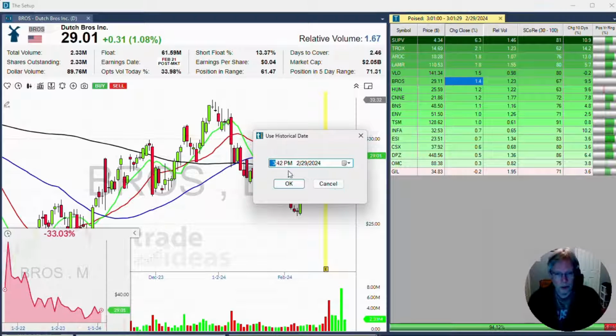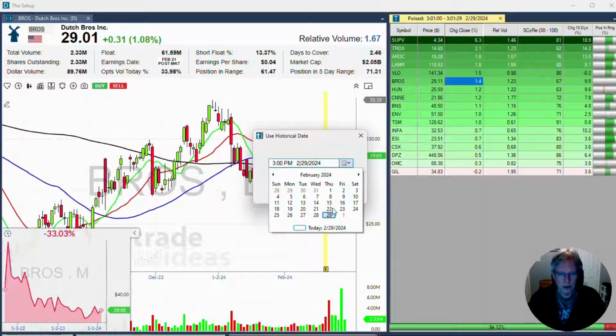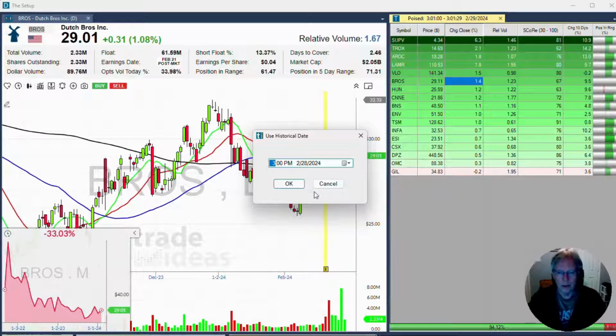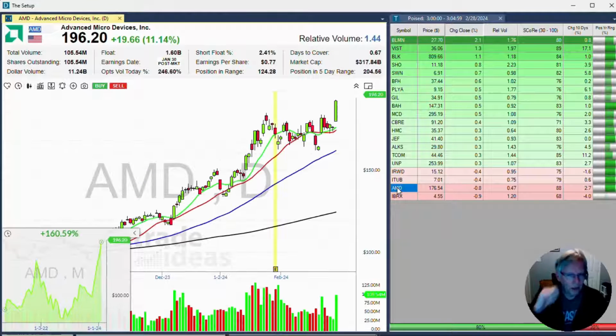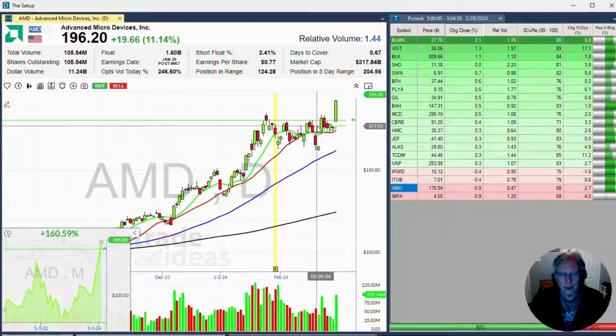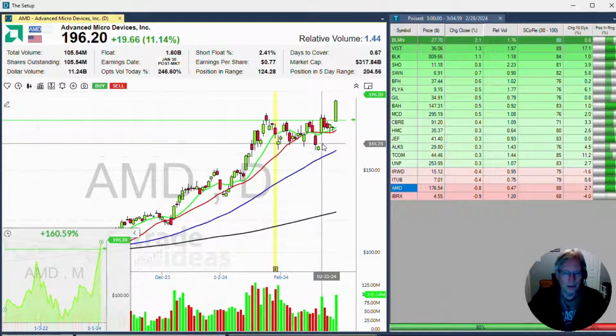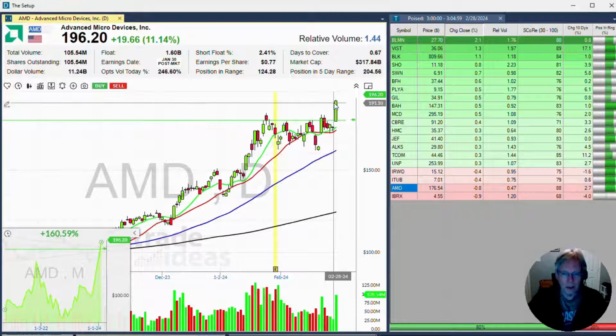I'm on Central Time, so I'm going to look at 3 o'clock p.m. yesterday afternoon. This is really cool because it shows you what data was being shown in the window at that exact time. This is the close of yesterday, and you can see AMD. If we highlight AMD, you can see it was setting up nicely, thus the name Poised for a potential move, and we got a really nice one today.